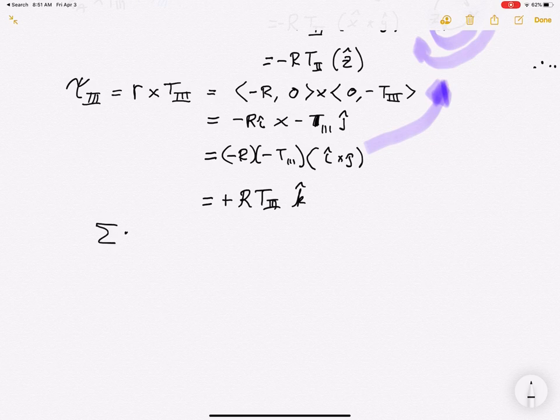Sum the torques, and I get negative R T2 plus R T3, and that has to equal 0 because we're in statics.